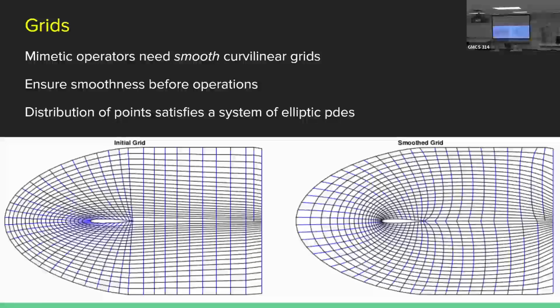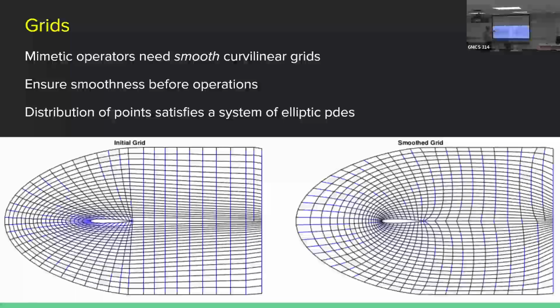So the mimetic operators have one requirement of the grid: it can be curvilinear and messed up, but it has to also be smooth. I talk about smoothness in terms of a grid. You pick some cell, and as you move to the cell next to it, there's a minimal change in dx and dy. The difference between any two adjacent cells is very small.